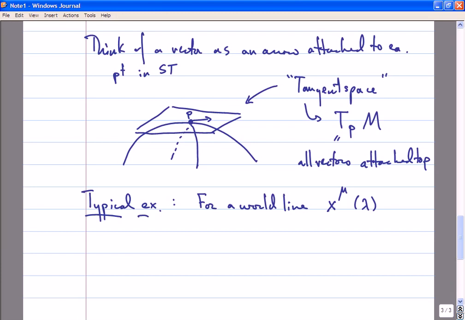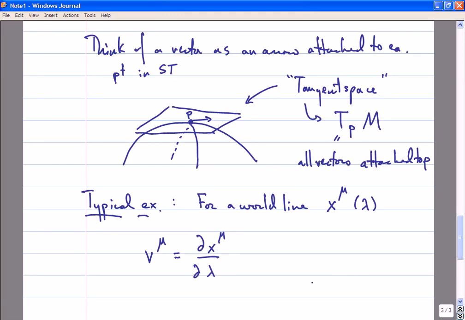And then we could define the following quantity. V mu is the derivative of x mu with respect to lambda. So we take the points on this world line, regard them as functions of lambda, this is how we parameterize this world line, and take the derivative with respect to lambda. So what is the physical interpretation of that?